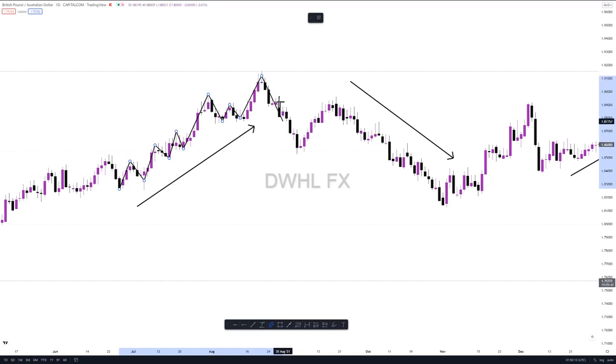So now you see why I started from a high to a lower low. So a high to a lower low, a lower high, lower low, lower high, lower low, a lower high, lower low, lower high. Very, very basic.